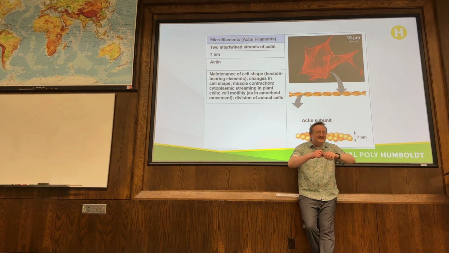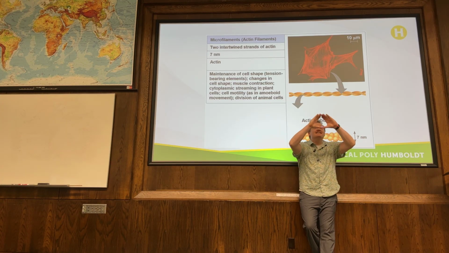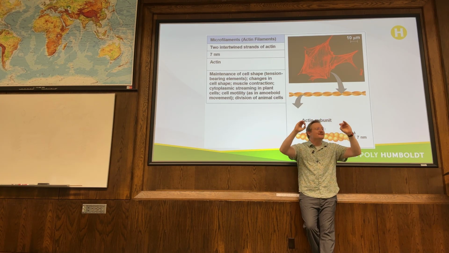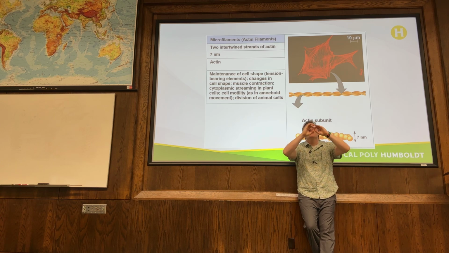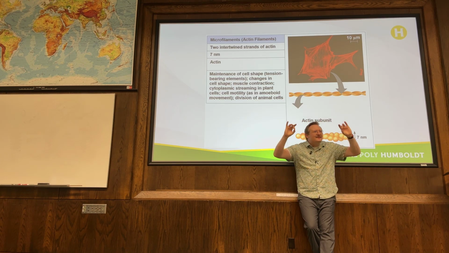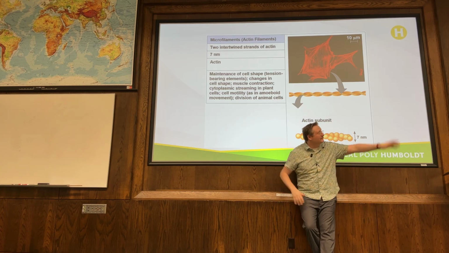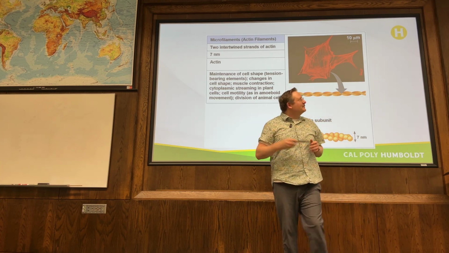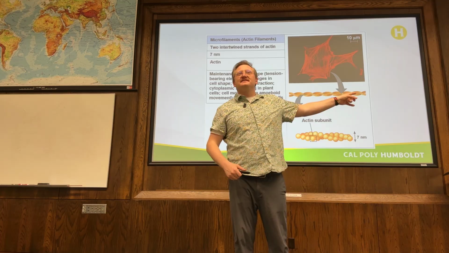When you're taking a cell and splitting it into two, you're facilitating a ton of that with the cytoskeleton. That includes a little band in animal cells that forms in the center and pinches off the two daughter cells, as we call them. That's actually an example of a microfilament doing that.